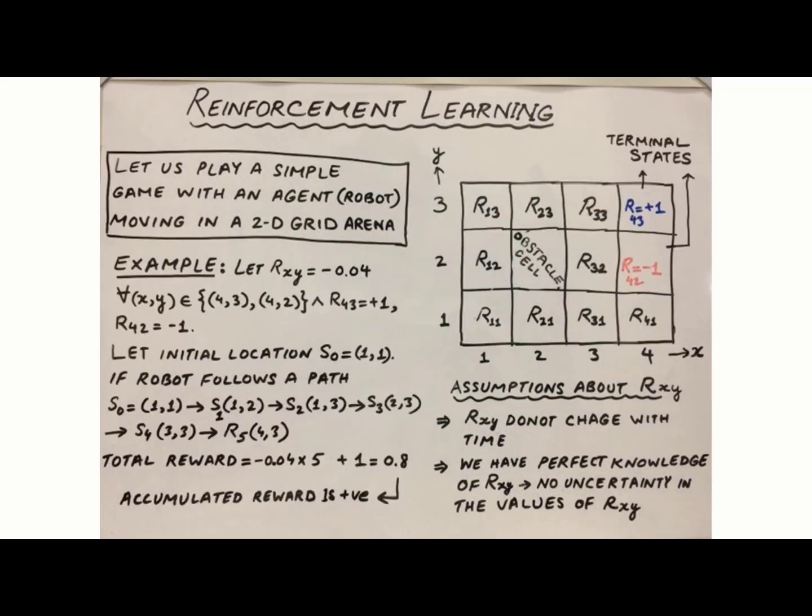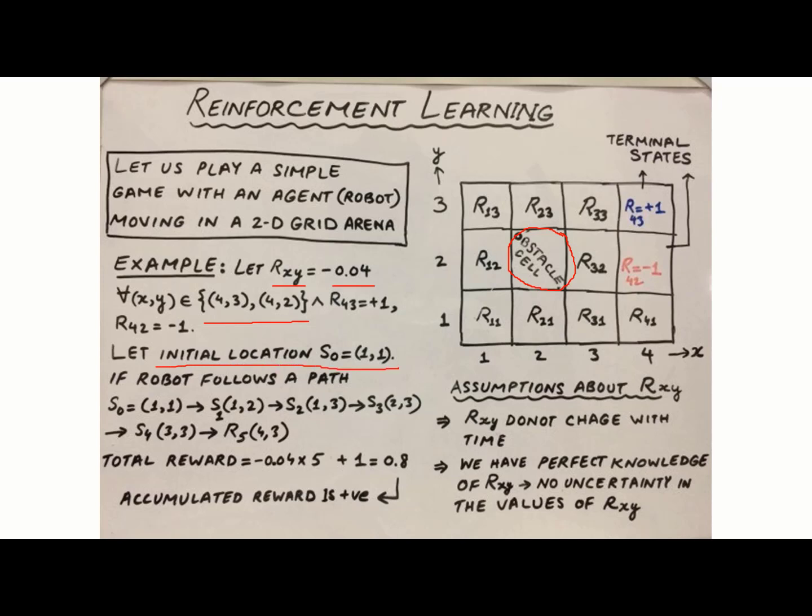Now let us set the reward Rxy equal to minus 0.04 for all the states except the terminal states, and obviously we are not associating any reward with the obstacle cell at 2, 2, considering that the robot has to avoid this obstacle anyway. The initial location of the robot is 1, 1.